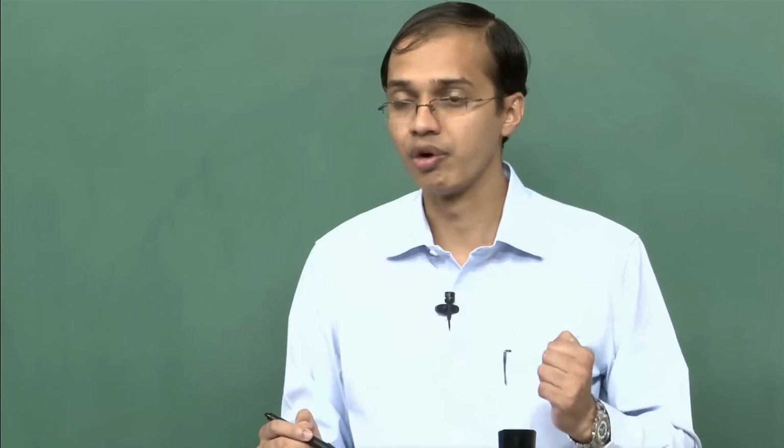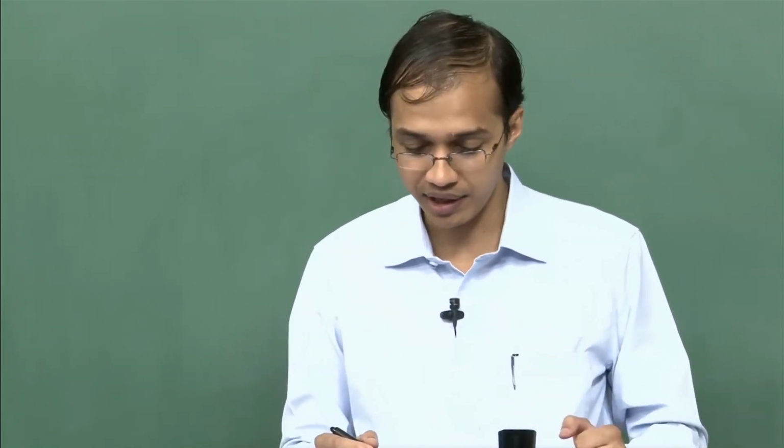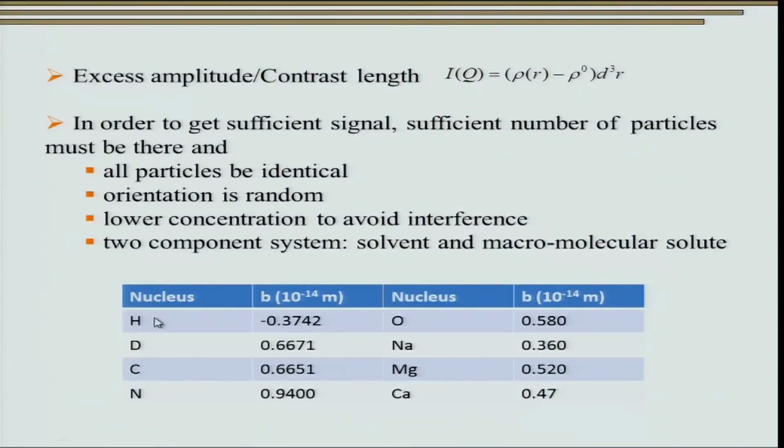You know that most of the biological systems comprise hydrogen. So, many a time we can replace hydrogen with deuterium and try to improve the contrast. This is something that is not possible in small angle X-ray scattering.